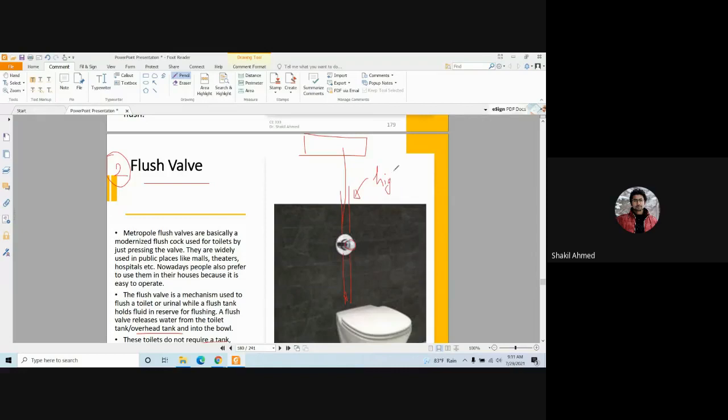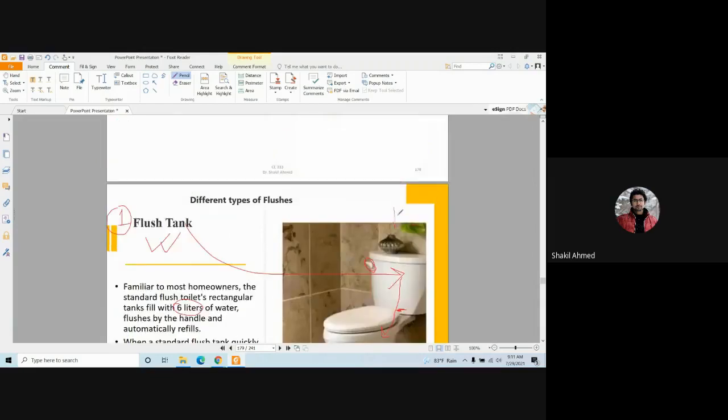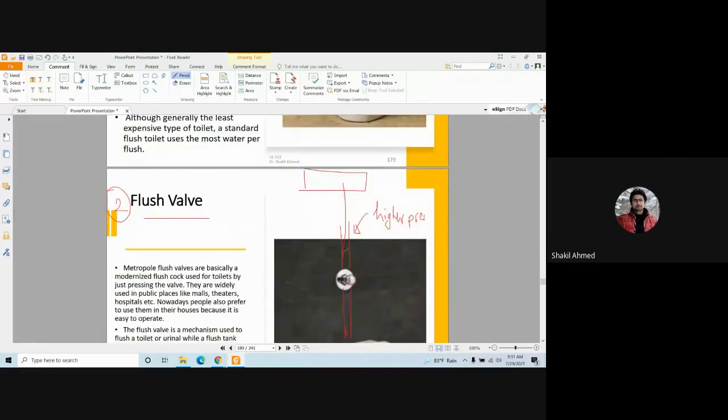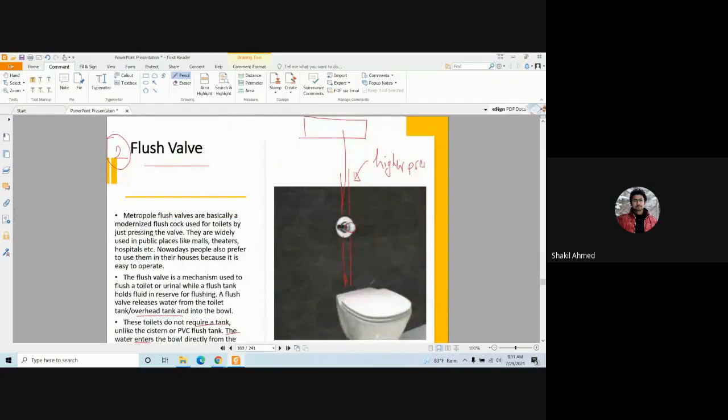You need higher pressure of water. Here you need relatively lower pressure. Okay, that's the difference. You need lower pressure here because you are giving pressure here by the water tank, but since you do not have a dedicated water tank here, you are directly using the pipe water, so you need higher pressure in the pipe.